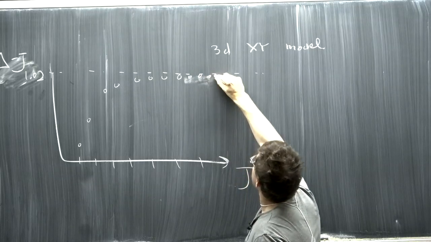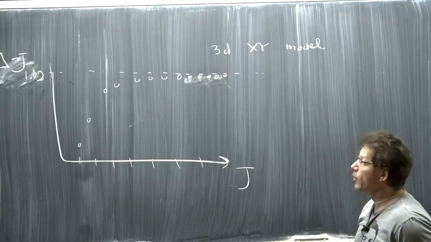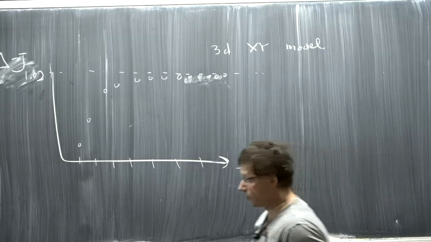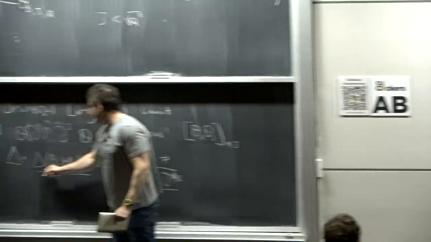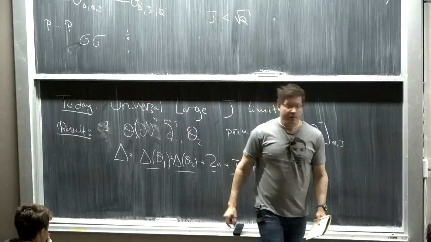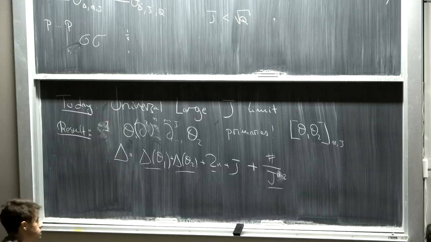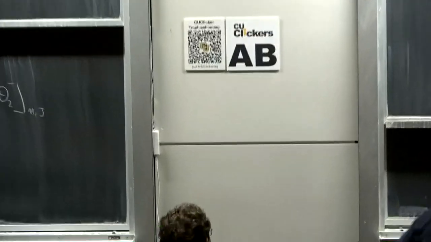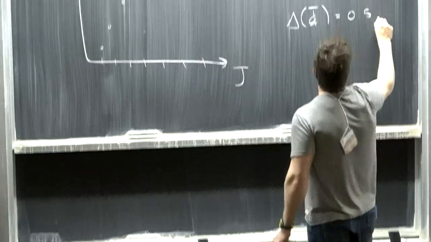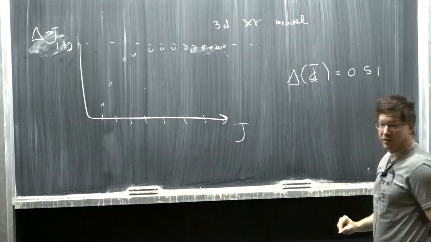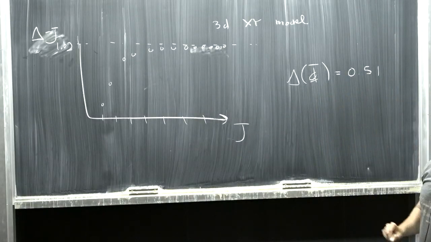Okay, so you get 1.02, and that's exactly what the formula predicts, because if you plug little n equals 0, then you find that delta minus J is the sum of the scaling dimensions of the partons, but the scaling dimension of the parton in the XY model, as we reviewed in the second lecture, is 0.51. And it works beautifully.